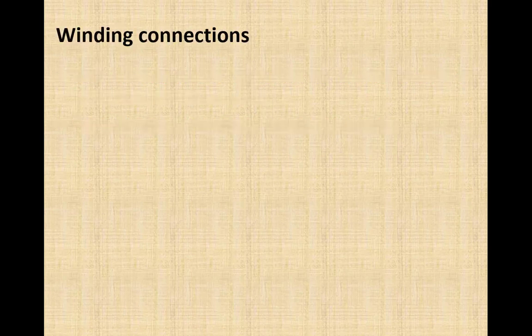Now here at the end of the lecture, we will discuss the winding connections for different configurations of generator stator winding. How do we make the connection of the differential relay?